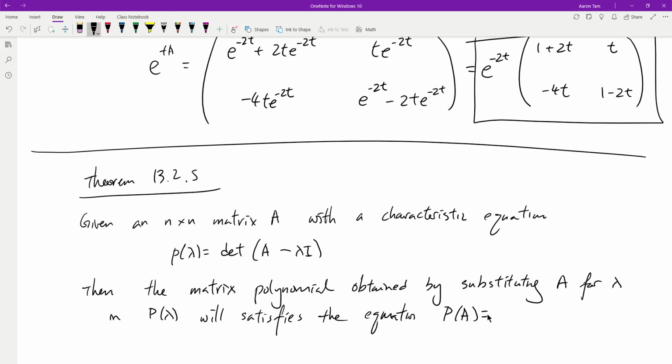And of course, when I say 0, I mean the 0 matrix. Okay?